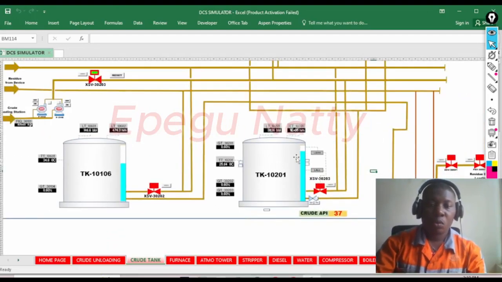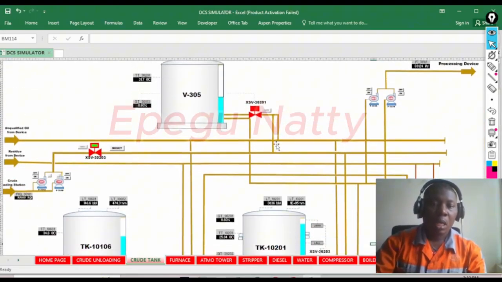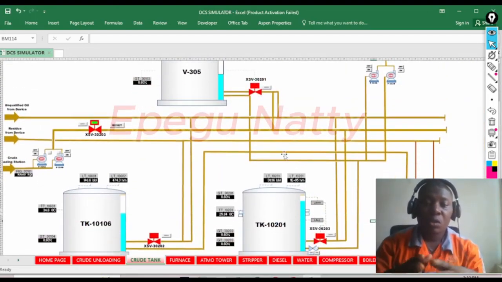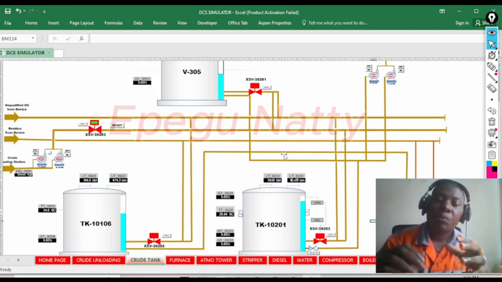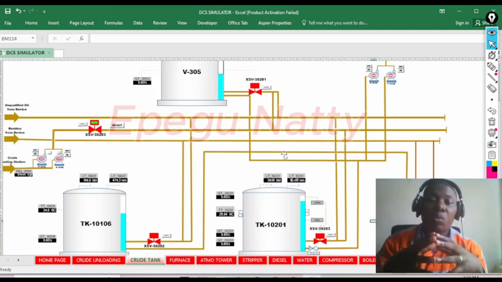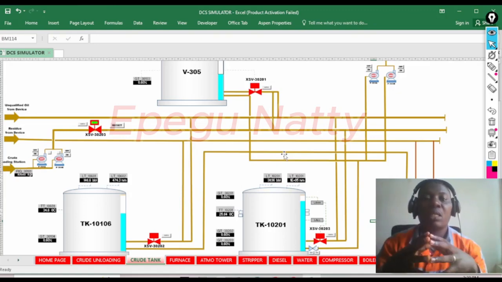Alright, so this is our simulator, and like I mentioned, this is our tank farm. Now your tank farm, which has your storage tanks, is one of the most critical assets in a facility.